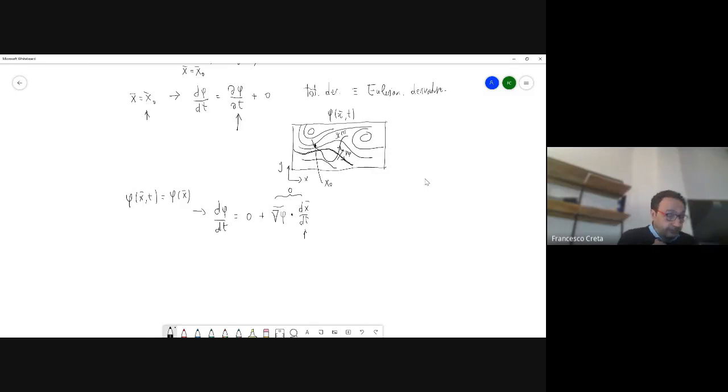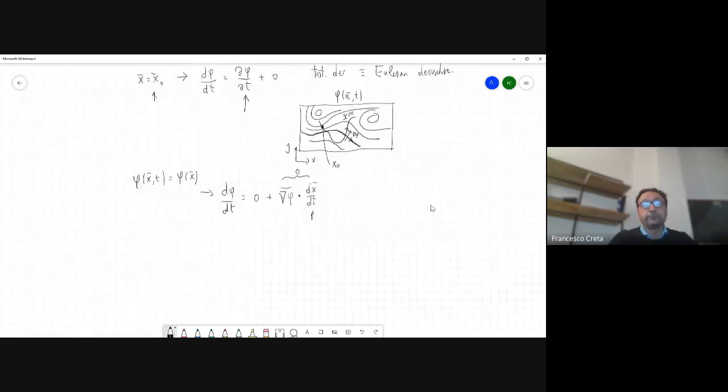Why is that? Well, think about it. What happens in fluids? Well, X could in fact be the location of a fluid particle. Let me write it here.